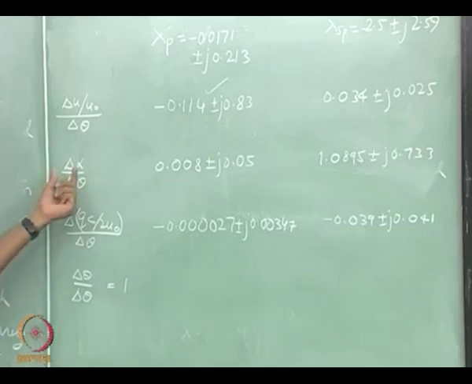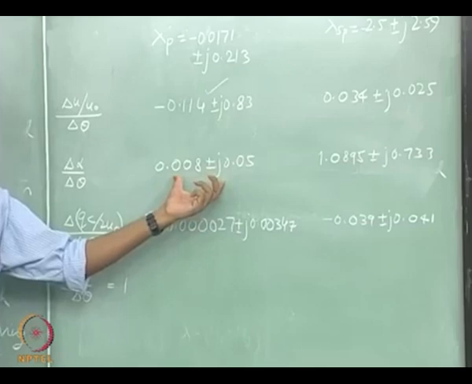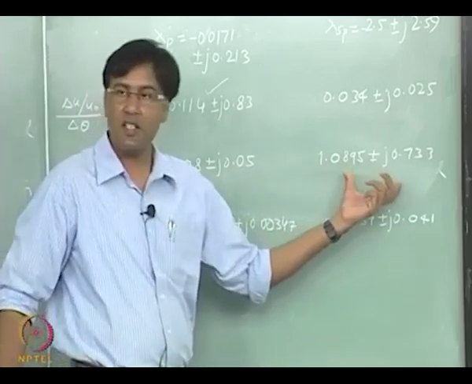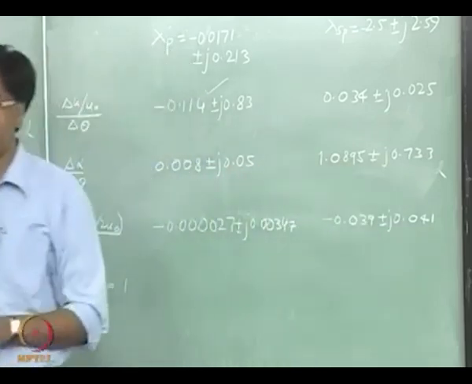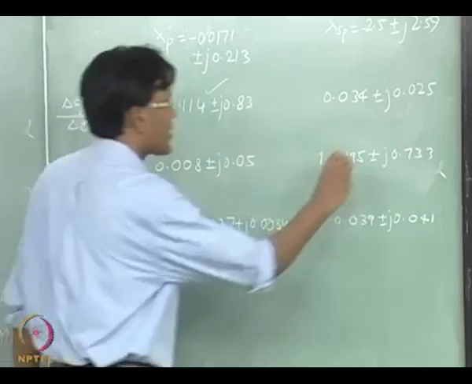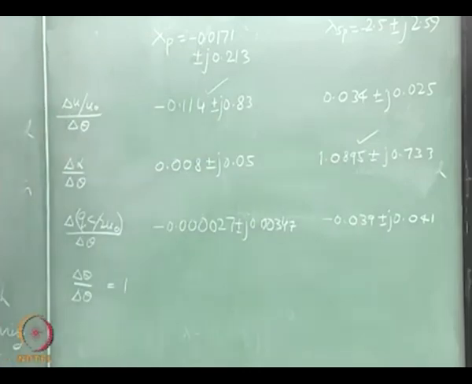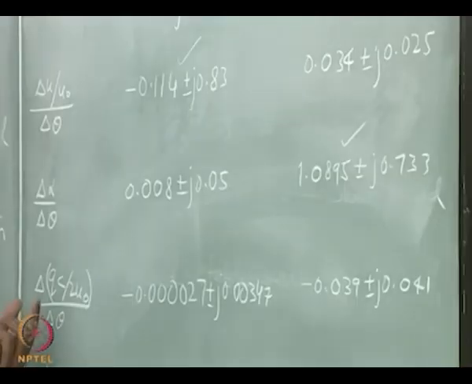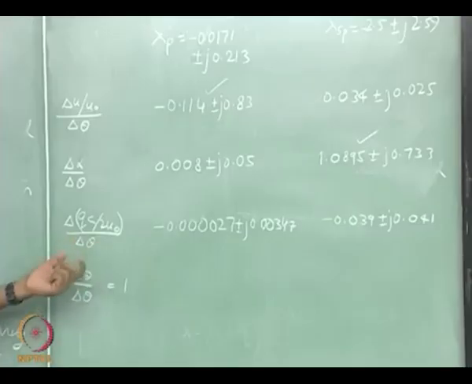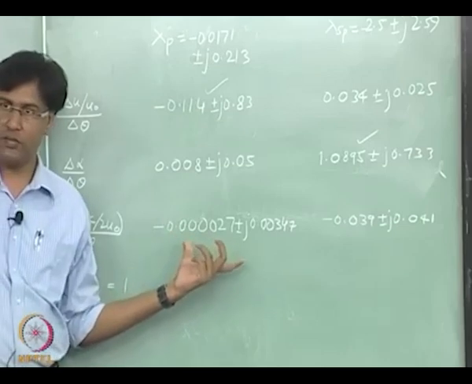Look at this delta alpha. Delta alpha here is very low, here is very large. So, keeping delta alpha as the variable in the short period mode was a good approximation. This delta q, which is non-dimensionalized with respect to c over 2 u naught, again in phugoid is very low.